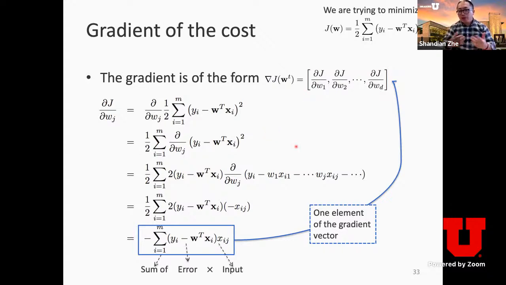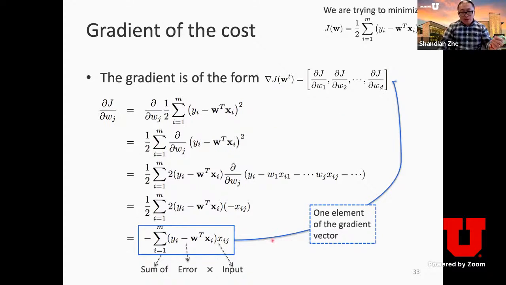And we found this has a very interesting structure. It's a negative summation of the prediction error multiplied with the corresponding input feature. Remember, each weight element corresponds to one particular feature. Like w1 corresponds to the first feature in all the instances, w2 corresponds to the second feature in all the instances, up to wD.